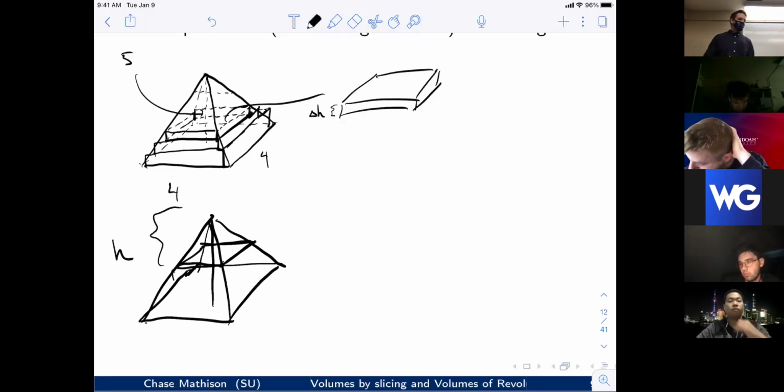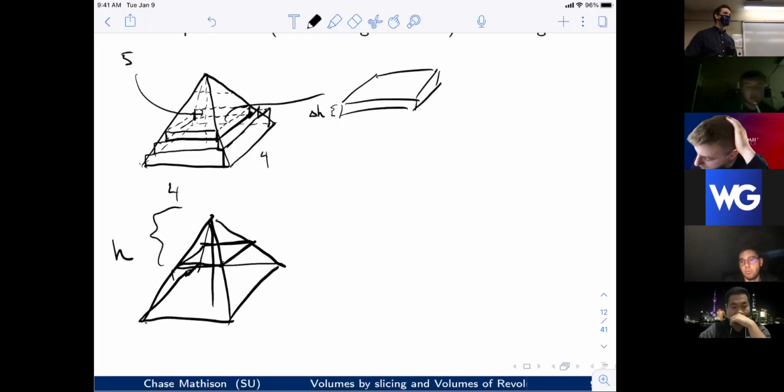So how do I find the side length associated with that square? Who knows? With pyramids, there's almost always one method that you're going to use.